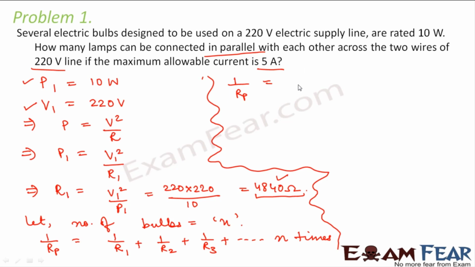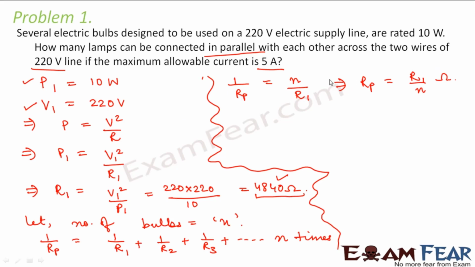So we can replace them by R. So we can say this is equal to N by R. So from this we can say that Rp is equal to R by N ohms. R or R1, whatever you want, you can replace it with any of these. So now we know the value of R1.